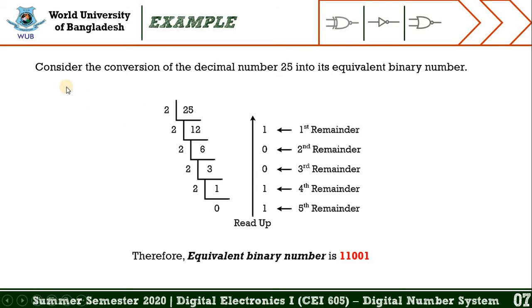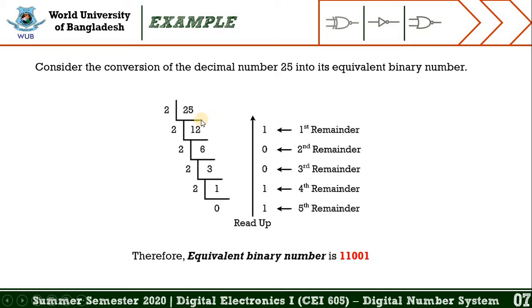This slide represents the conceptual example of the conversion of a decimal number into a binary number. So let's start with the question. Consider the conversion of the decimal number 25 into its equivalent binary number. We already studied in this lecture how to convert a decimal number into the equivalent binary number.